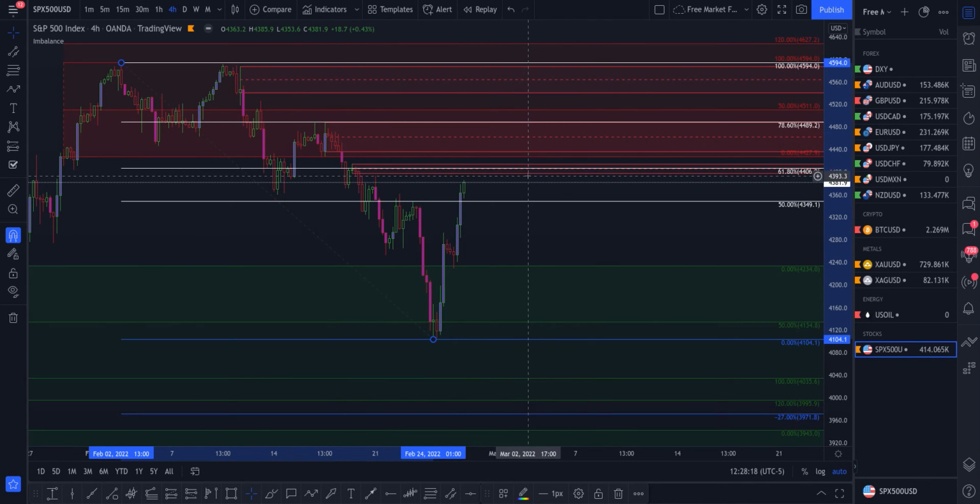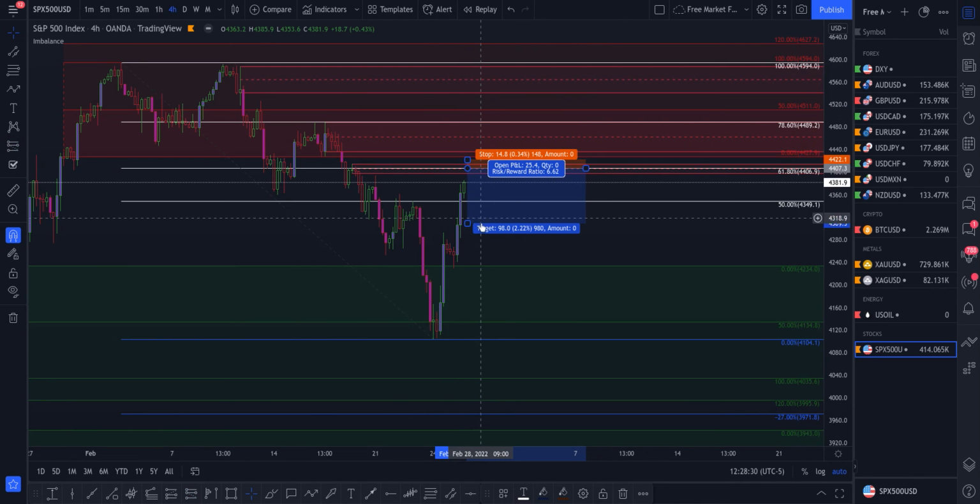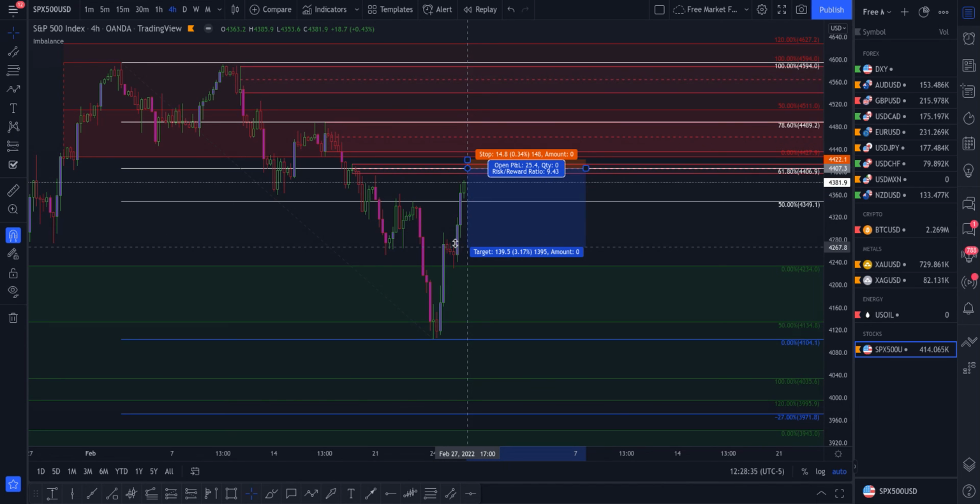So we may see this, maybe the 61.8, maybe this zone may be the ideal zone, which is right here. But again, I want you guys to be careful, because I want you to wait for confirmation before getting into any of these trades.